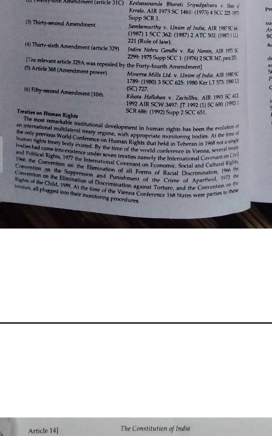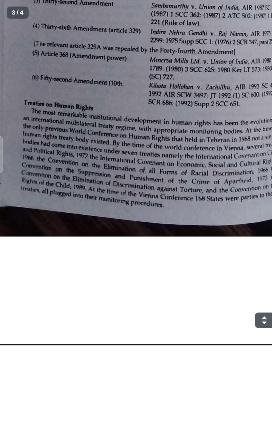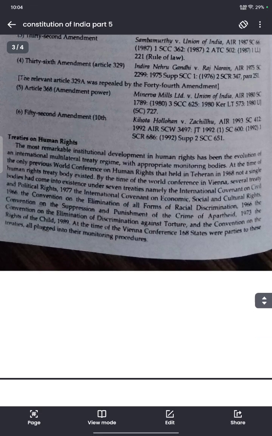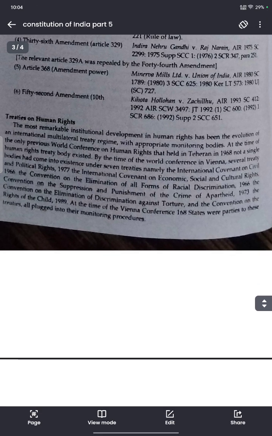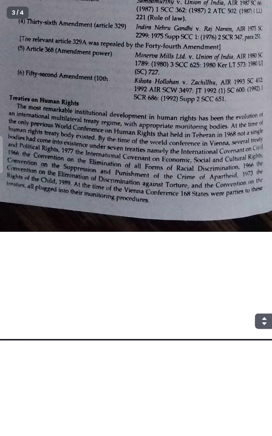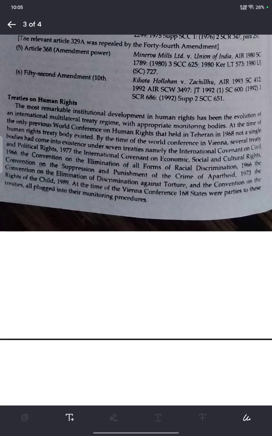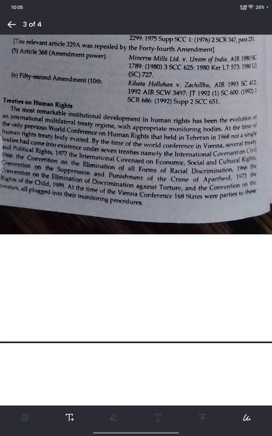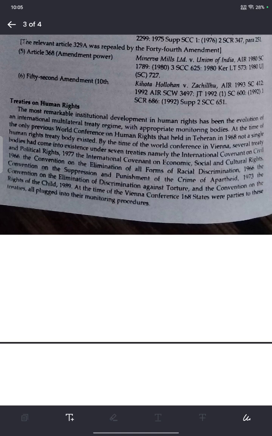By the time of the World Conference in Vienna, several treaty bodies had come into existence, under treaties such as the International Covenant on Civil and Political Rights, the International Covenant on Economic, Social and Cultural Rights, the Convention on the Suppression and Punishment of the Crime of Apartheid, 1973, the Convention on the Elimination of Discrimination, the Convention against Torture, and the Convention on the Rights of the Child. At the time of the Millennium Conference, 168 states parties to the treaties were placed under monitoring procedure.